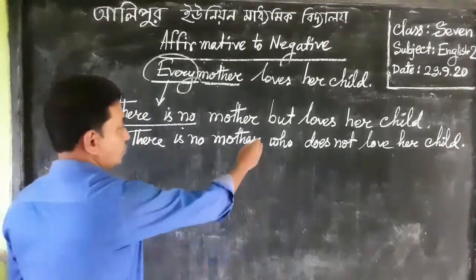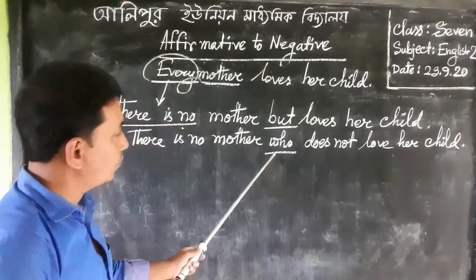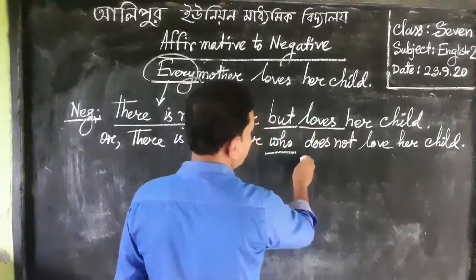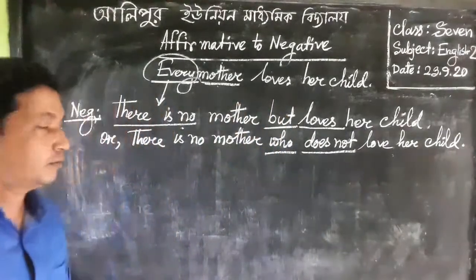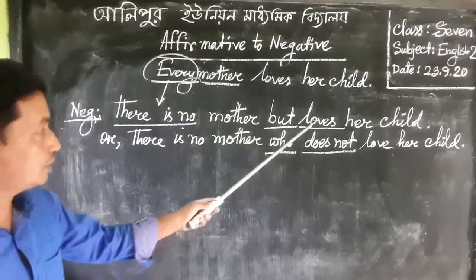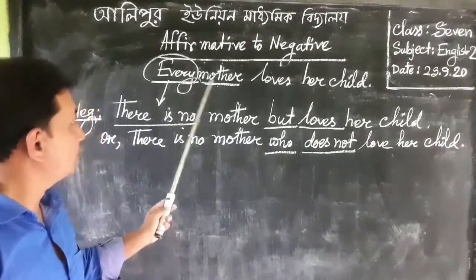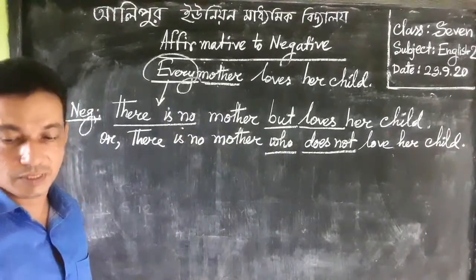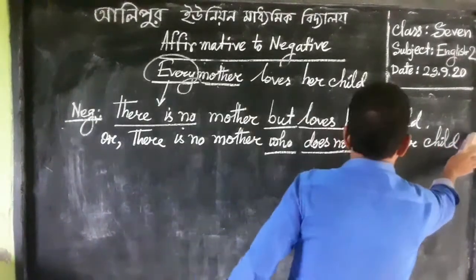And instead of but, we have written who, and so we should change the next verb into negative, and so we change the verb does not. Okay. When we write who instead of but, then we have to change the next verb into negative form. Okay, dear learner. So there are two rules of every plus noun. Okay, dear learners. Now I am going to another rule.